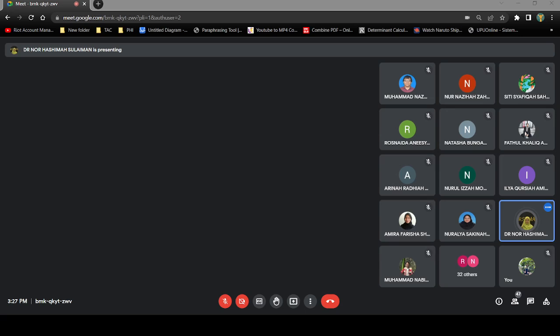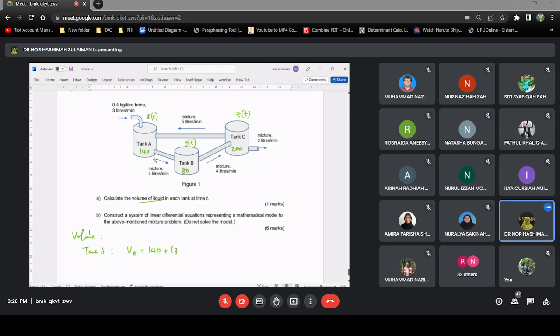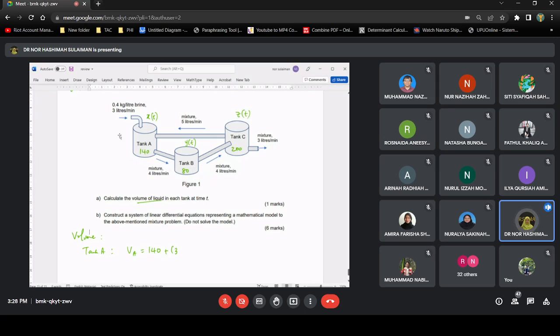Masuk 3. Okay, keluar. Ada yang masuk lagi tak? 3. Ni masuk juga kan? Betul tak? Macam tu, okay?